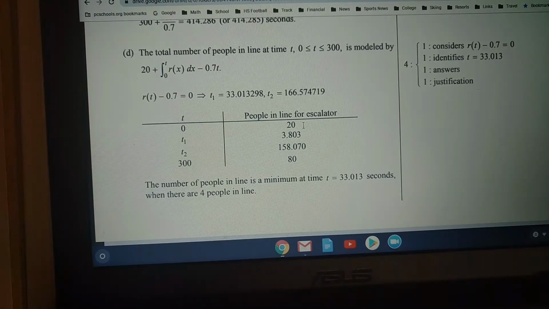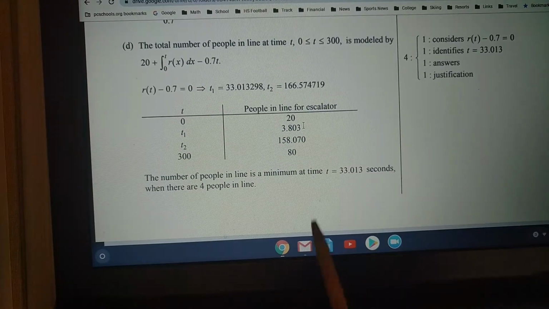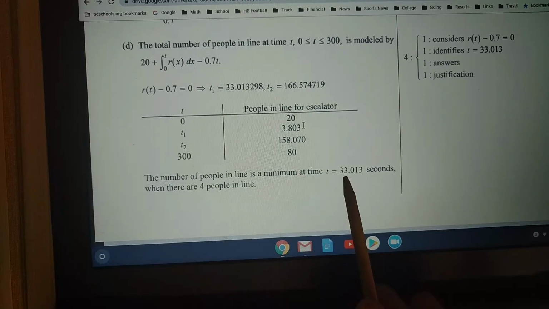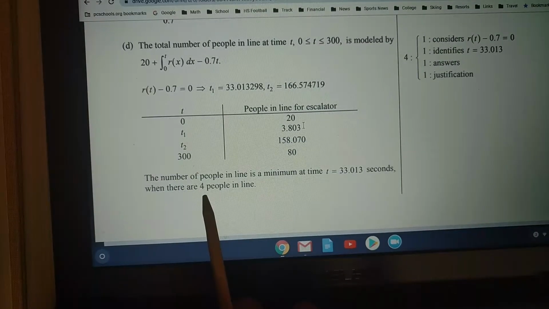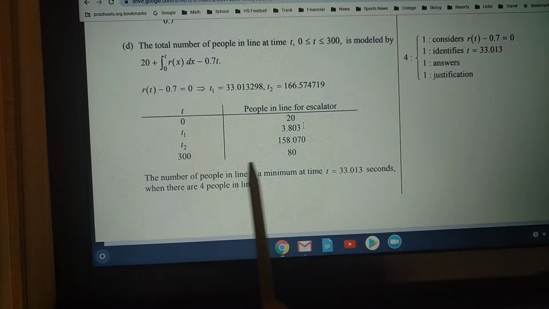For your answers, it's at a minimum at this time of 33.013, with approximately 3.03 people in line at that time. Your justification is this chart here.